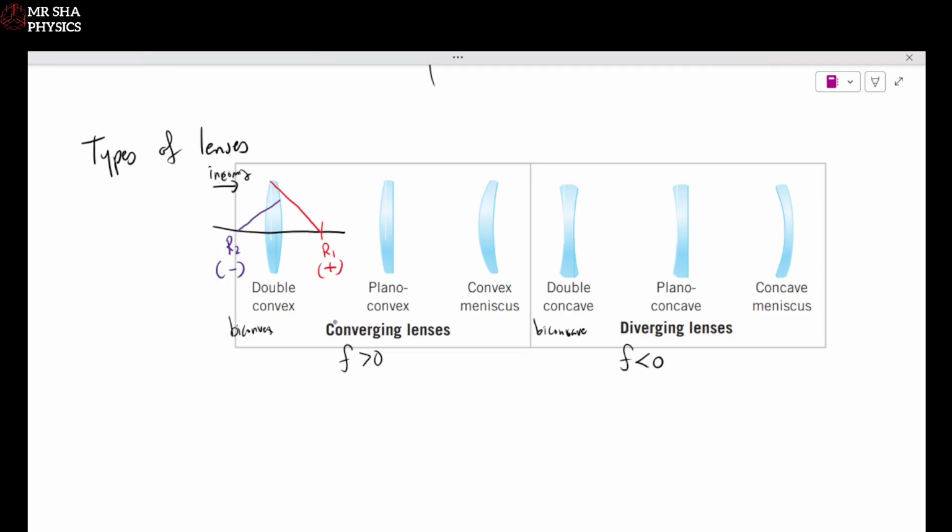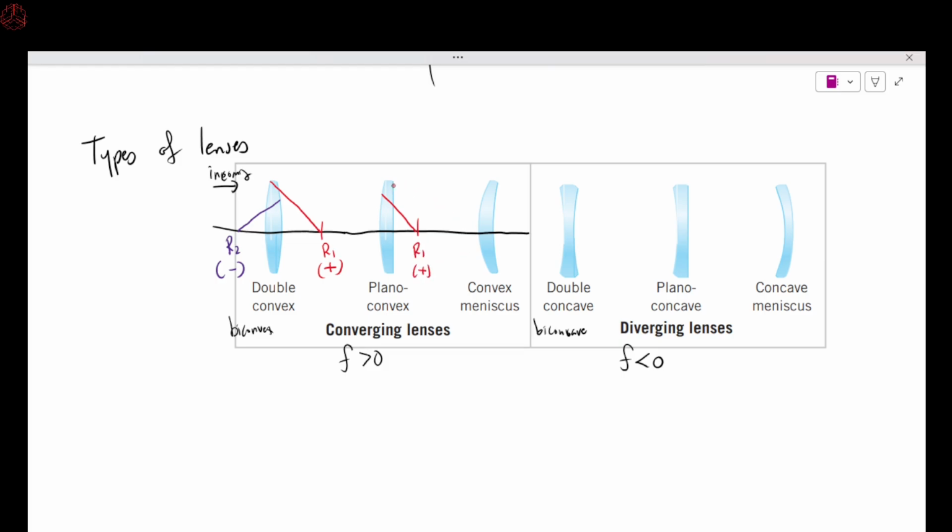Okay, again, for all the cases I'm going to talk about, we will assume that the incoming ray is coming from the left. Things may differ if you were to talk about it coming from the other direction. All right, so let's look at plano convex. If we were to look at plano convex, we can still see that R1 is still positive.